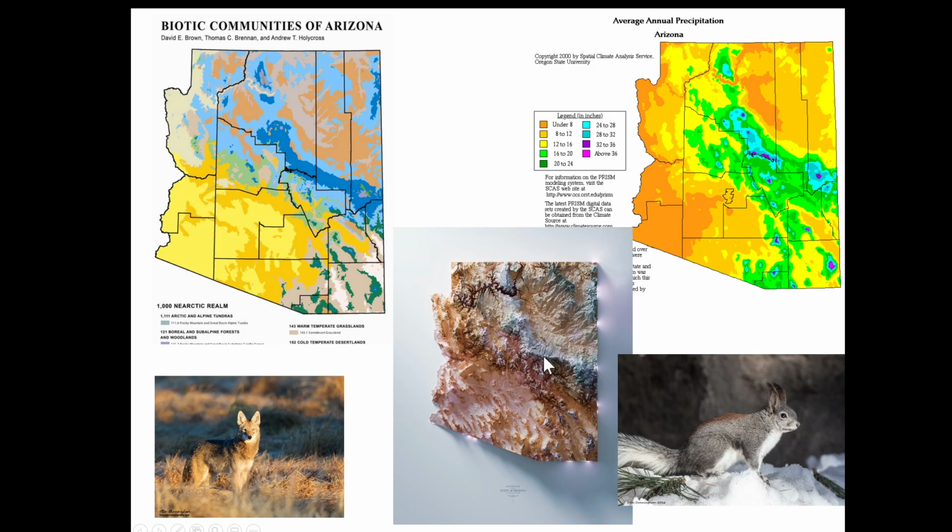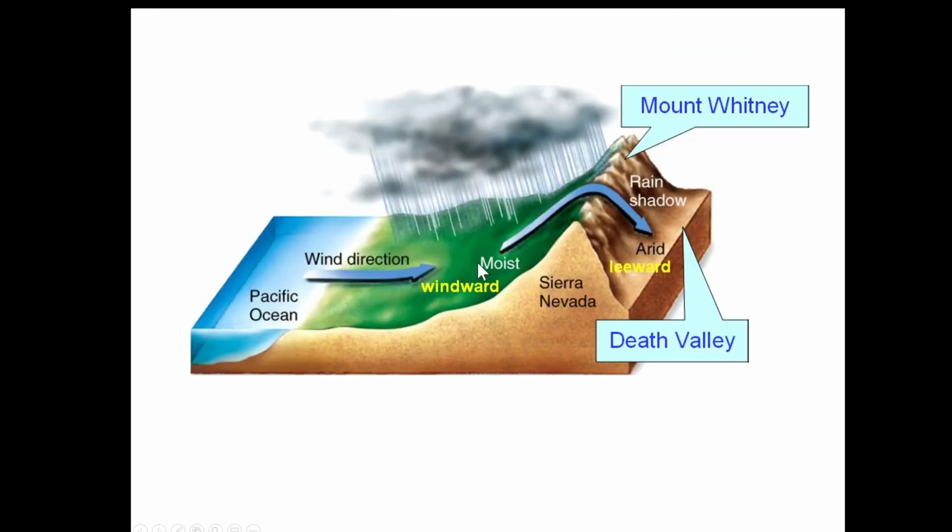So what's going on? Well, the easiest way to see it is over in California and the Sierra Nevada. We've got this moisture-laden air coming off the Pacific Ocean. It is blown over the Sierras, which are 14,000 feet in some areas. They continue to increase in elevation. The air continues to cool.